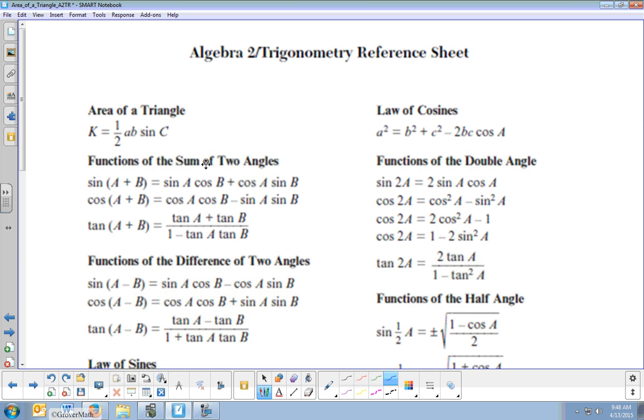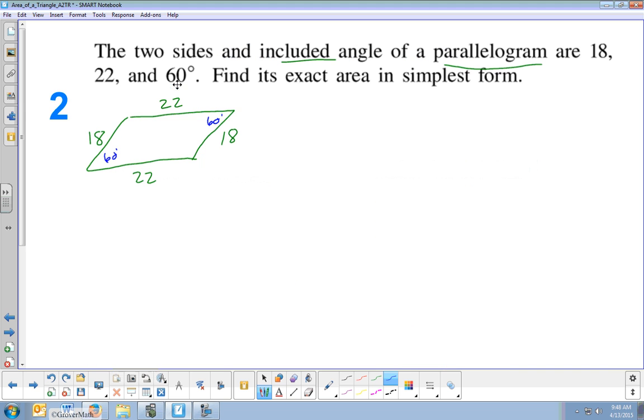Now, our reference sheet is not area of a parallelogram. It's area of a triangle. However, if I were to draw on a diagonal, my parallelogram is simply two triangles. So all I need to do to change my formula from K equals 1/2 AB sine C to the area of a parallelogram is I have two options.